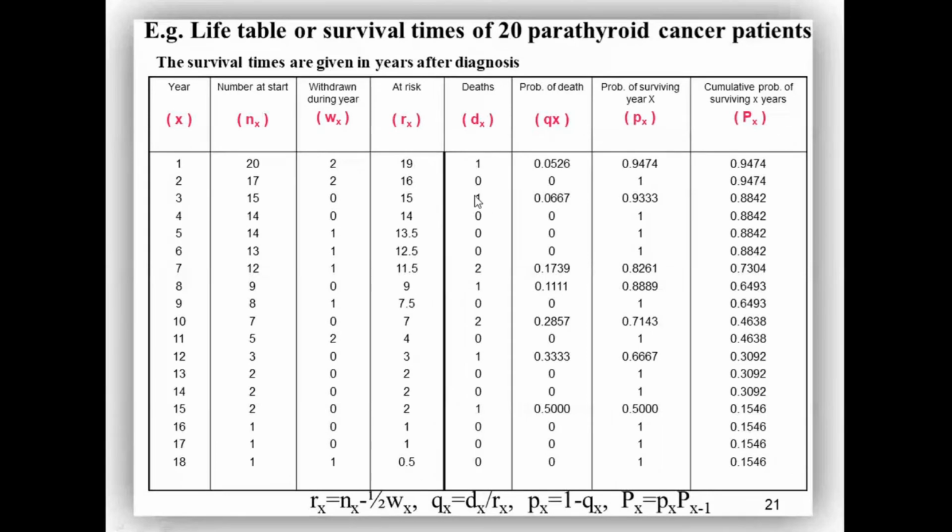The number of deaths in that particular year is 1. 1 divided by 15 is the probability of dying in that particular year, therefore it will be 0.0667. So the probability of surviving that particular year will be 1 minus 0.0667, so 0.9333 will be the probability of surviving year 3.